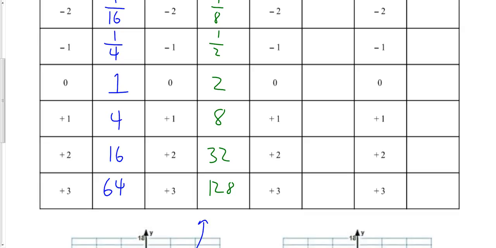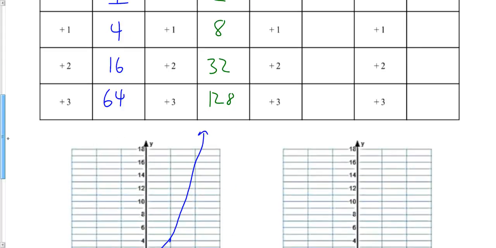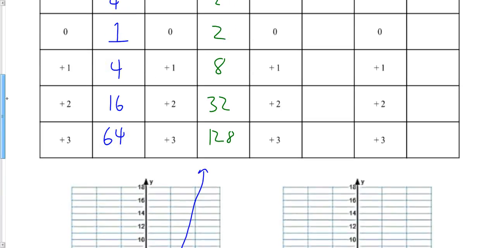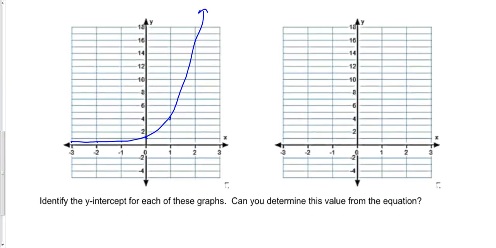So now I need to go back and actually graph this. Again, I know that at the 0 mark, the y coordinate is going to be 2. At 1, it's 8. And at 2, it's up here somewhere at 32.